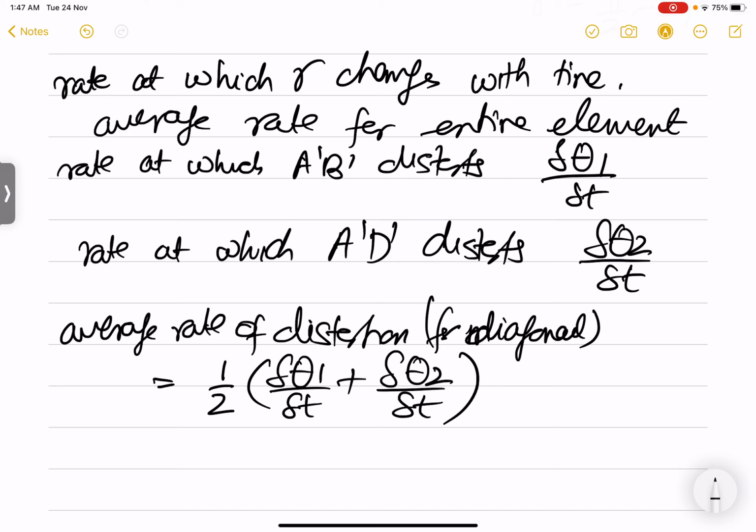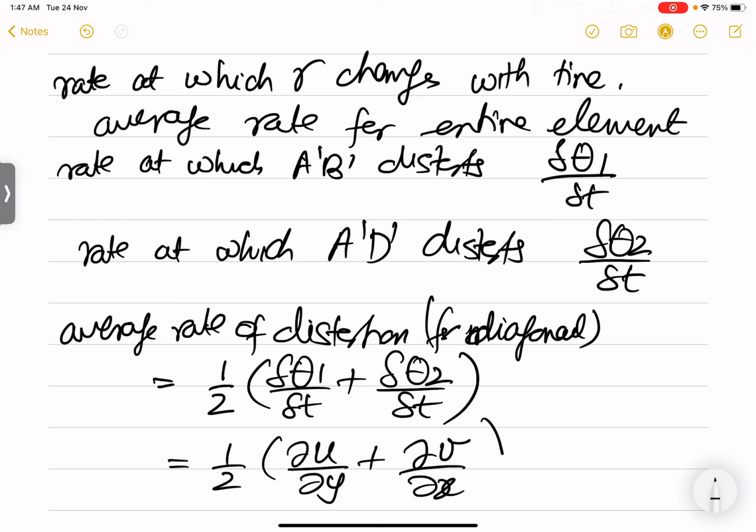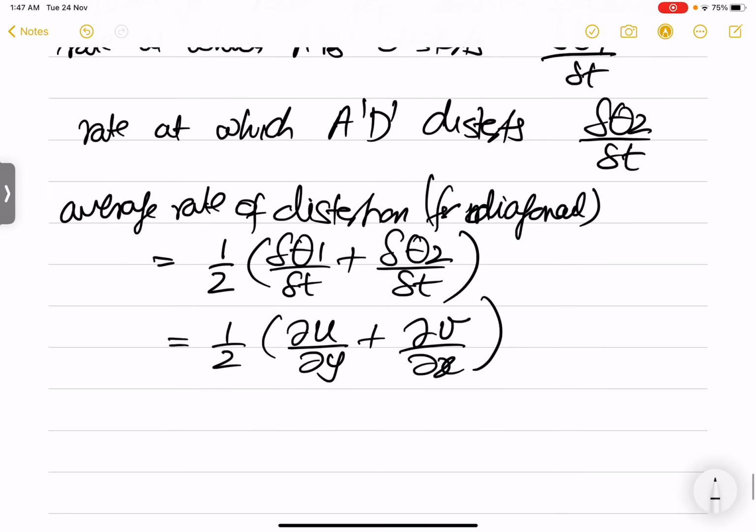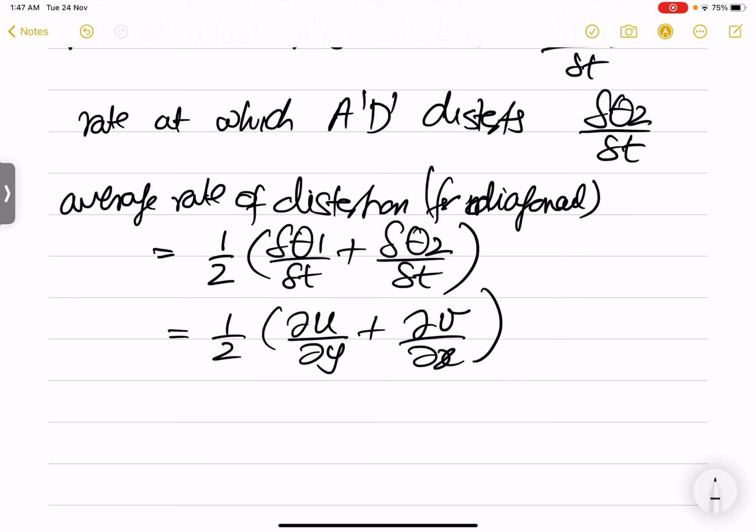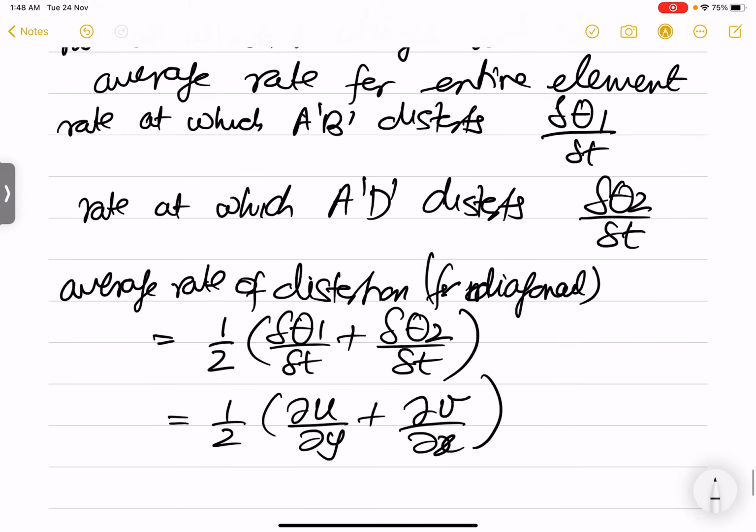Or you could add it up, so this will become equal to half of partial u by partial y plus partial v by partial x. Now, these are the four different types of motions which can be superposed and which give us the new element, starting from A, B, C, D, we get to A prime, B prime, C prime, D prime.